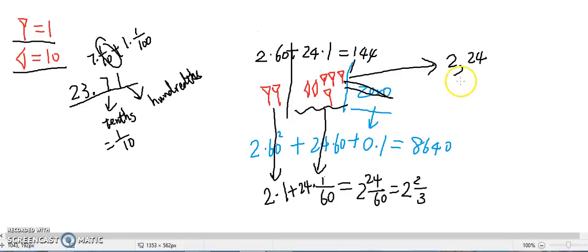We need to remember that Babylonians never had commas to separate them, so that's why it was confusing. Or if I want this to mean 3 places, I will write 2, 24, and a 0. So I use commas to separate the places.